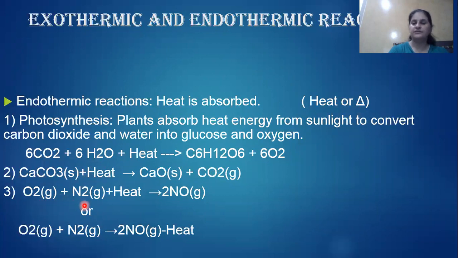Oxygen and nitrogen absorb the heat to form NO. Now in some reactions, sometimes this heat is written along with the product. But if it's an endothermic reaction, then a minus sign will come if it is written with the product, right?